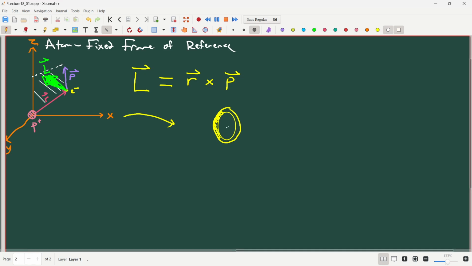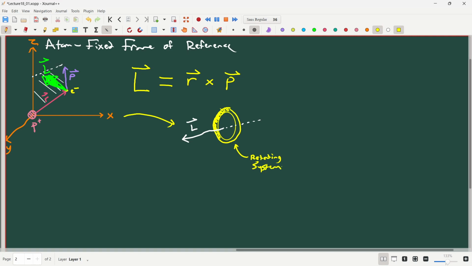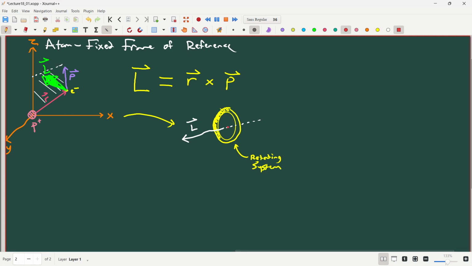And then we have an axis going through the donut like this. This is going to be our angular momentum vector. And this donut is our electron orbiting, or something spinning. So this donut of inertia is our rotating system. When you have an angular momentum pointed in this direction, you can imagine that the proton is right here in the middle of this donut, and the electron is sitting here.